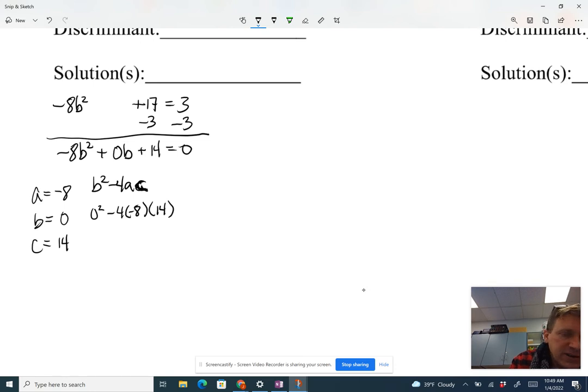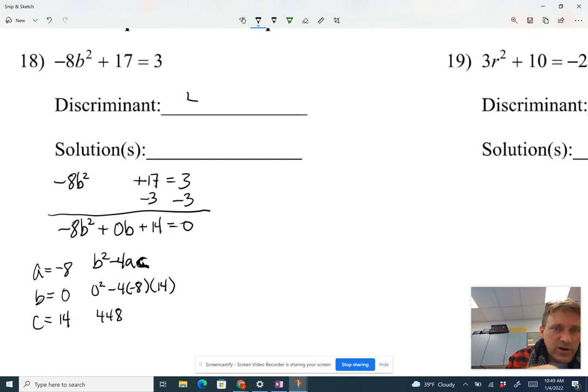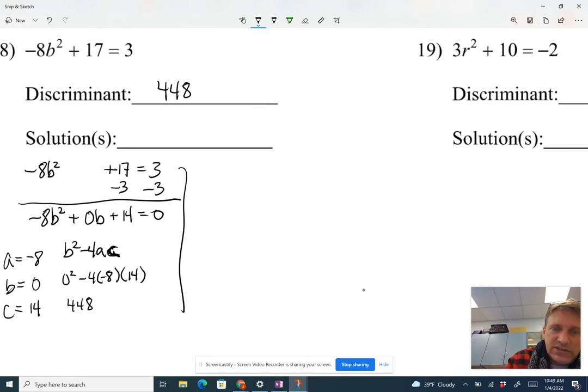So the 0 squared is just 0, and then a negative times a negative is positive. If you multiply out 4 times 8 times 14, you get 448, and that's the value of our discriminant, 448. So the next thing we do is we go back to our formula, the quadratic formula.